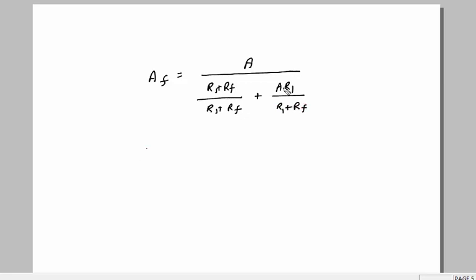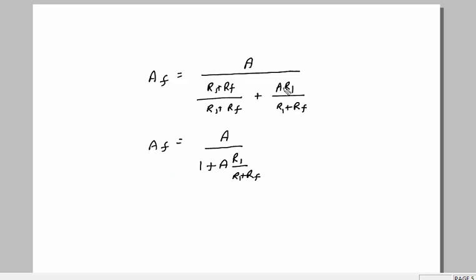So here we can say that AF will be A upon 1 plus A times R1 upon (R1 plus RF), and R1 upon (R1 plus RF) is nothing but B.